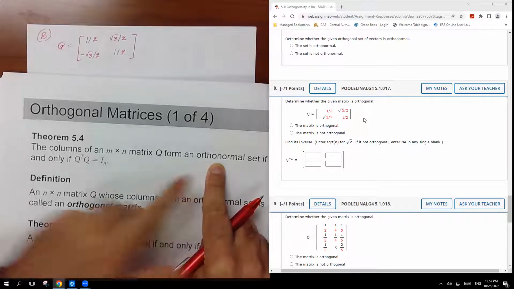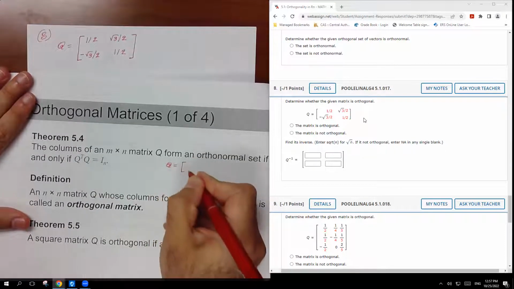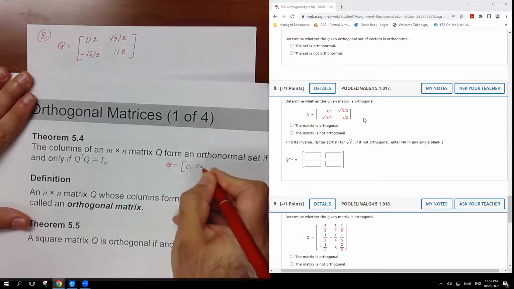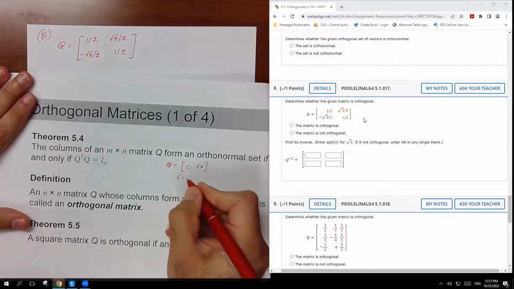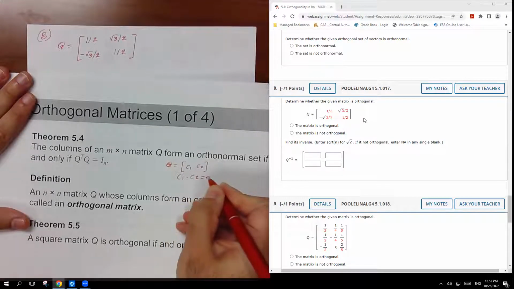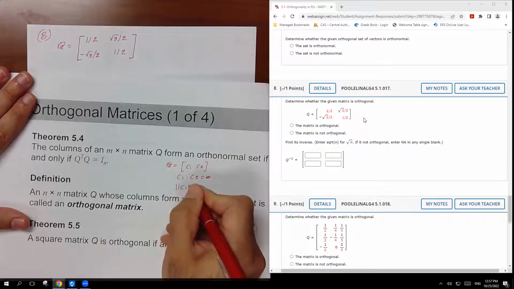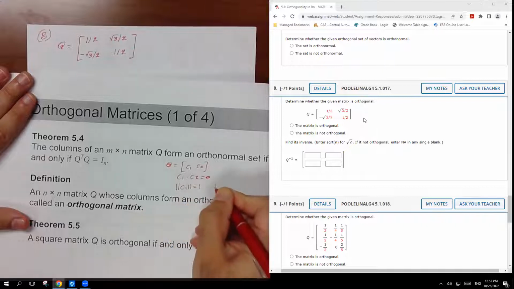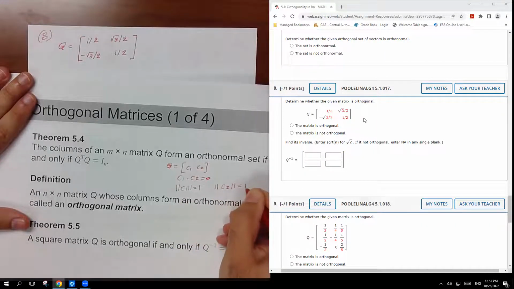So if you have Q equal to column 1 and column 2, orthonormal means the dot product of the first vector with the second vector equals 0, and the length of the first vector equals 1, and the length of the second vector, which is the second column, equals 1.